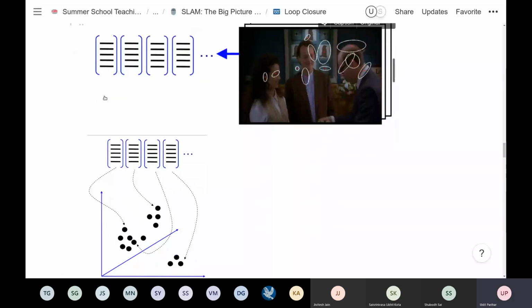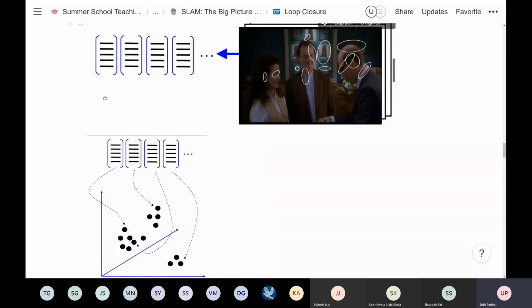Now what we want to do is get the most representative descriptors out of all the descriptors present in all the images, because there will be some repetition and we want to avoid redundancy. So we will choose the most unique descriptors to act as words in our dictionary.